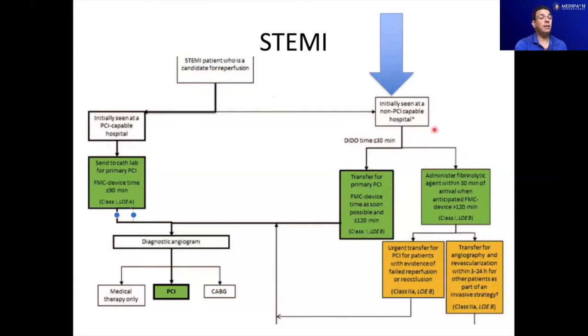Studies have shown if you can get the patient to the cath lab and balloon the diseased vessel within 90 minutes, the survival rate is better than if you give them TPA. In the United States, at least, if you have a site that does primary cath lab, our goal is to get them there within 90 minutes. Can be difficult if you have to transfer a patient, so we will go up to 120 minutes from the time of diagnosis to the time the balloon goes up in the heart.